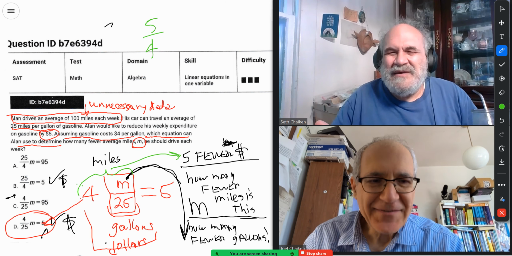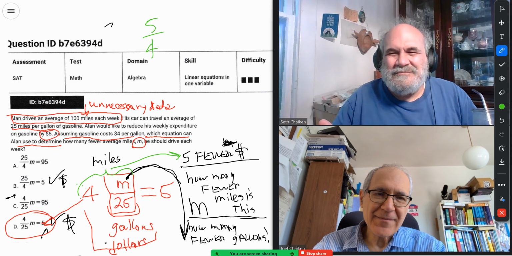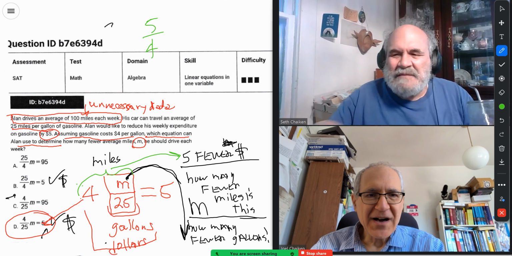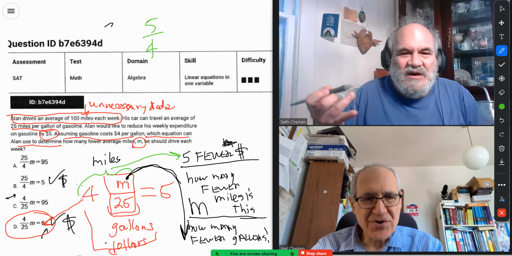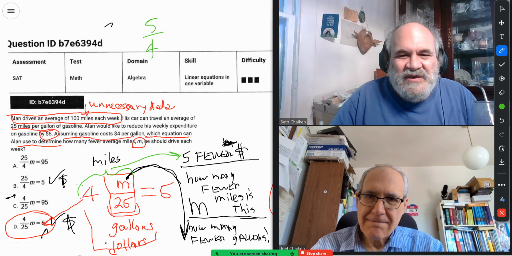If you only have $5 in your pocket, how far can you drive? That's another way to think about it. You get that by 5 divided by 4, and this gives you the number of gallons that are saved when you drive 5 fewer miles.